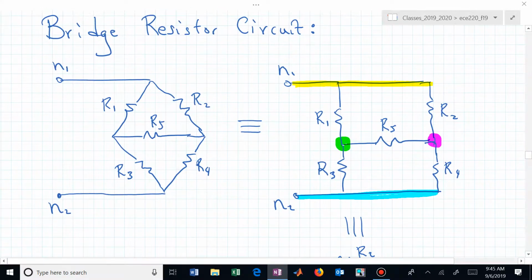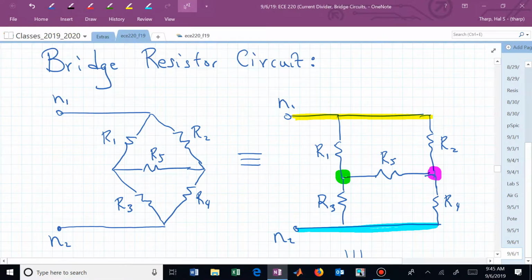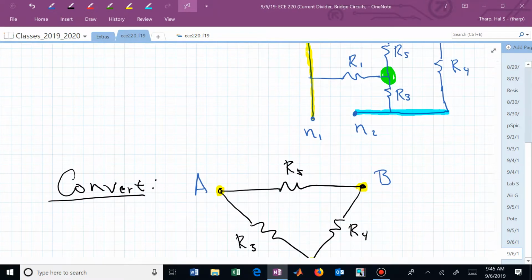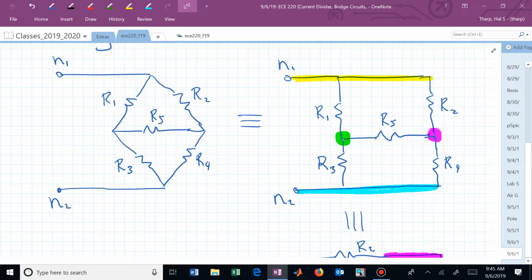What we now want to do is be able to convert. Do you see in this bridge network R1, R2, and R5? You can see a delta, or in the bottom you have a delta with R5 on top and R3 and R4 below.